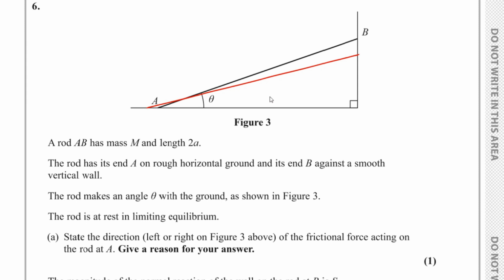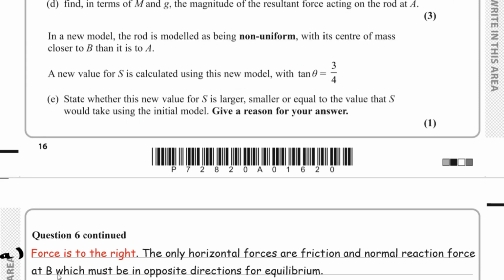And so what we're saying is the rod is moving towards the left. What will oppose the driving force, if you will, is a frictional force. And this frictional force, F, will act in the opposite direction towards the right. So friction is to the right.